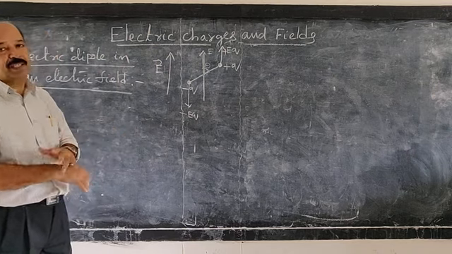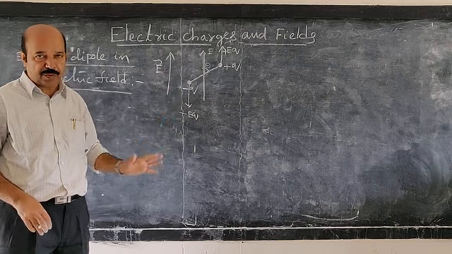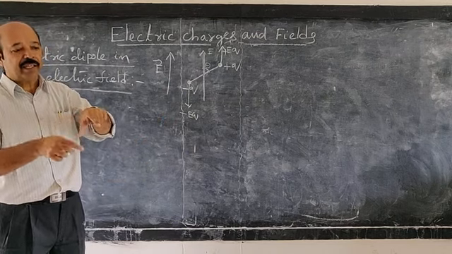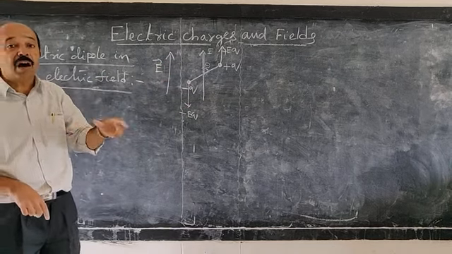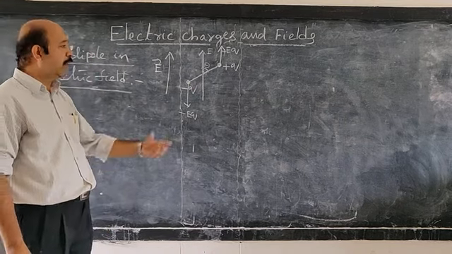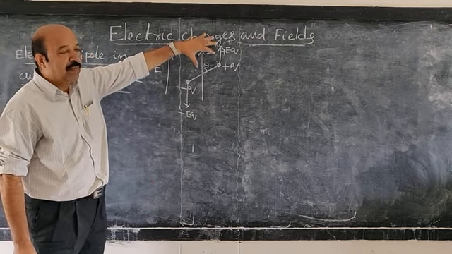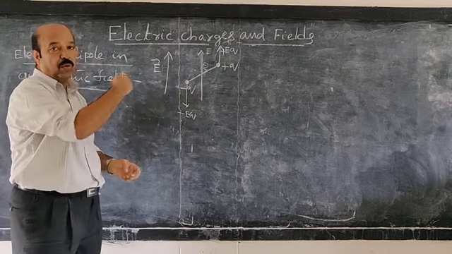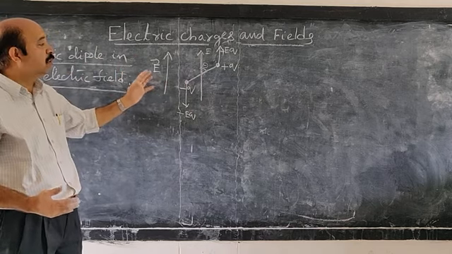But the effect of the forces is not 0, because when two anti-parallel forces act on a body at different points, the effect is rotation. They rotate due to a torque produced by such a pair of forces. We call them a couple. Due to the couple acting because of these electrical forces, the dipole rotates. It tries to align in the direction of the electric field. So that is the effect.